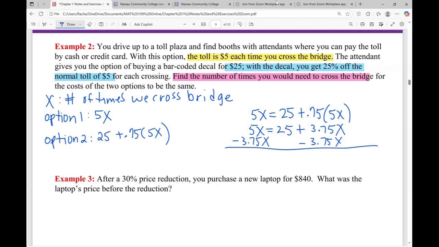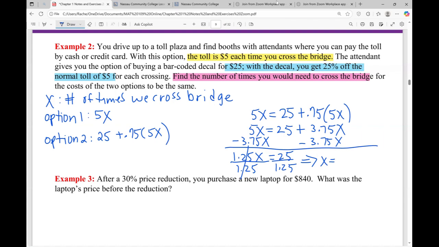And 5 minus 3.75 is going to be 1.25x, and that's going to equal 25. And now we need to divide both sides by 1.25, because we want to get 1x. So x is going to be equal to 25 divided by 1.25.